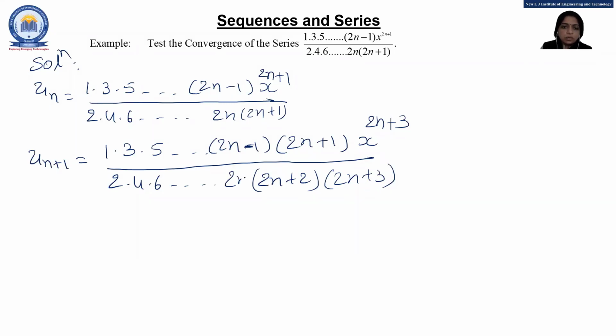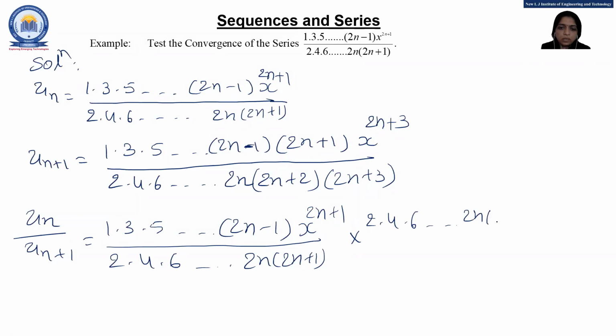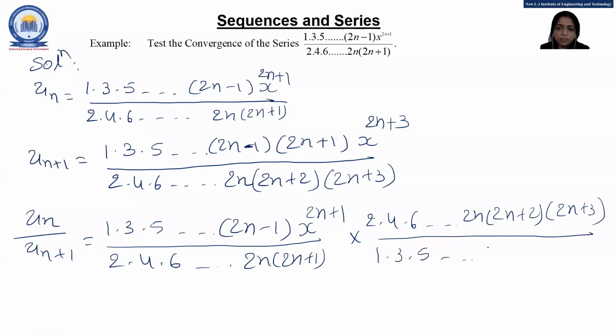And this 2n, right? Now, if I take ratio of un upon un plus 1, that is 1.3.5 up to 2n minus 1 x raised to 2n plus 1, and in the denominator 2.4.6 up to 2n plus 1 into this 2.4.6 up to 2n plus 2, and this 2n plus 3 upon 1.3.5 up to 2n minus 1, 2n plus 1 into x raised to 2n plus 3.